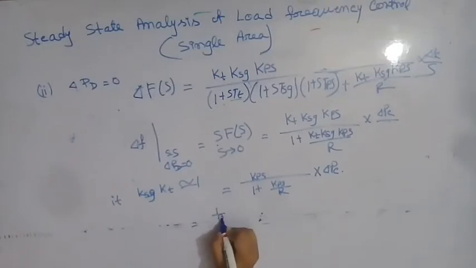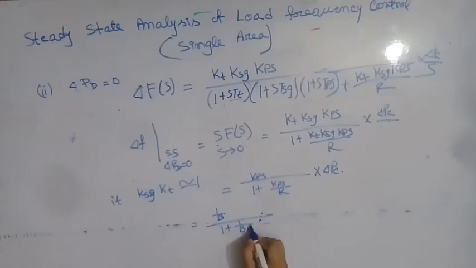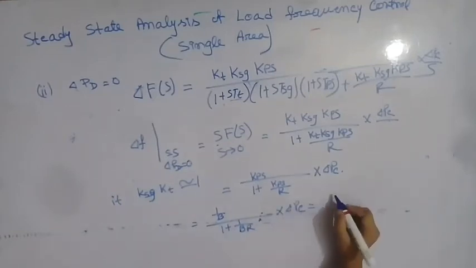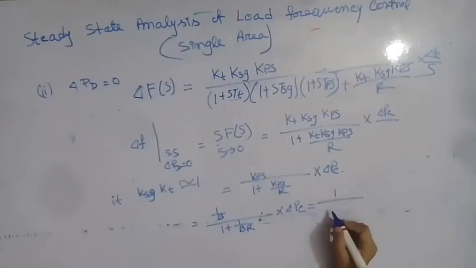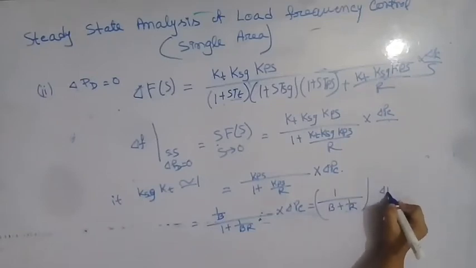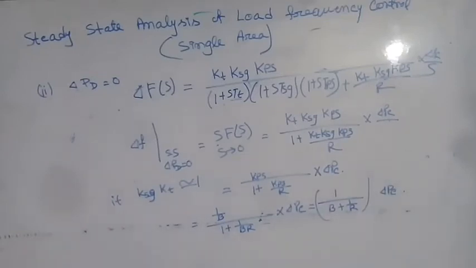So KPS is 1 by B, giving 1 by B over 1 plus 1 by BR, times delta PC, which is equal to 1 by B plus 1 by R times delta PC.